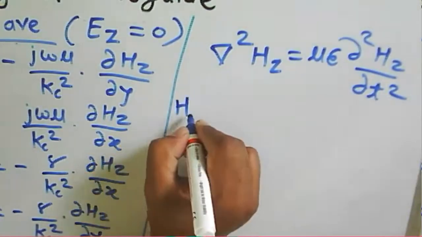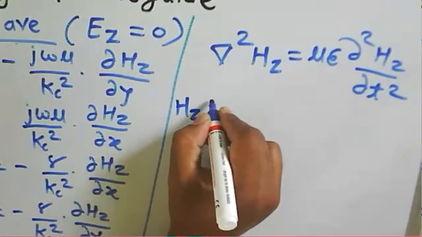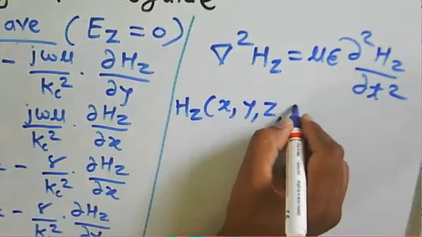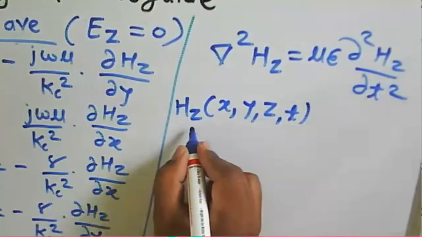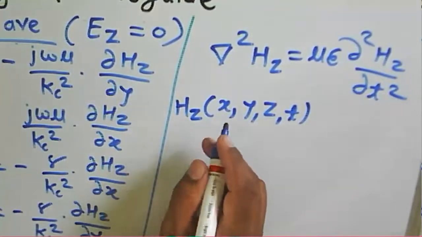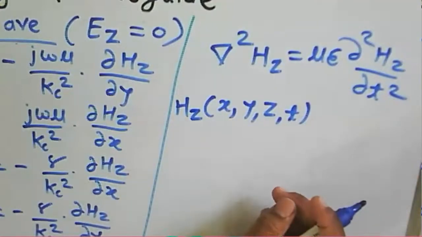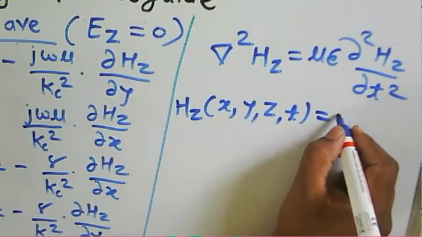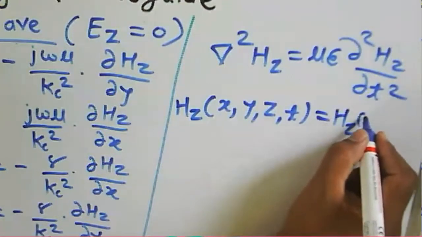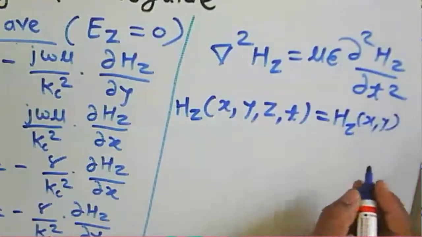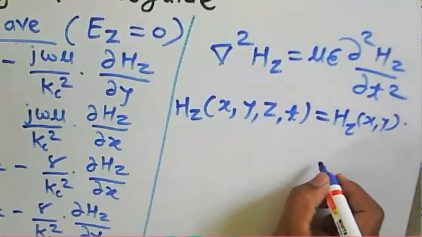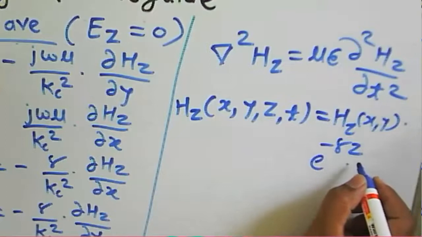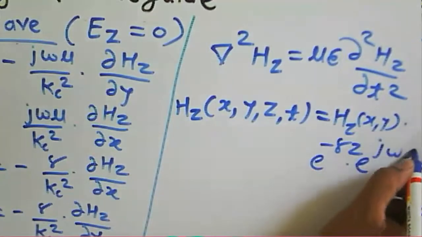We mentioned earlier that the field component Hz of x, y, z and t has a propagation component along z: Hz of x, y into e raised to minus gamma z, e raised to j omega t.